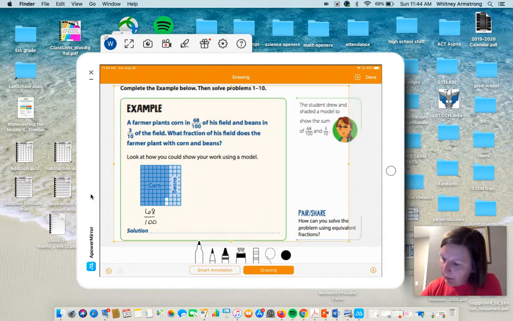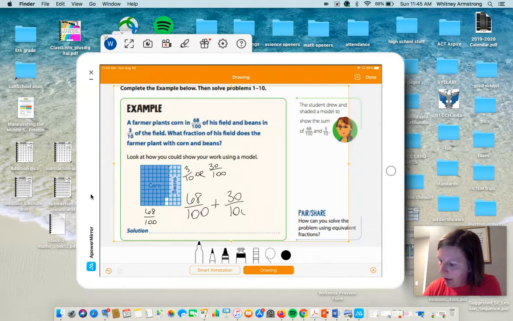And then if you look at the beans, it is 3/10ths or 30 over 100, because if you count each individual box, it adds up to 30 on the beans. So I know that I need to add these together. So 68 over 100 plus 30 over 100 equals 98 over 100.